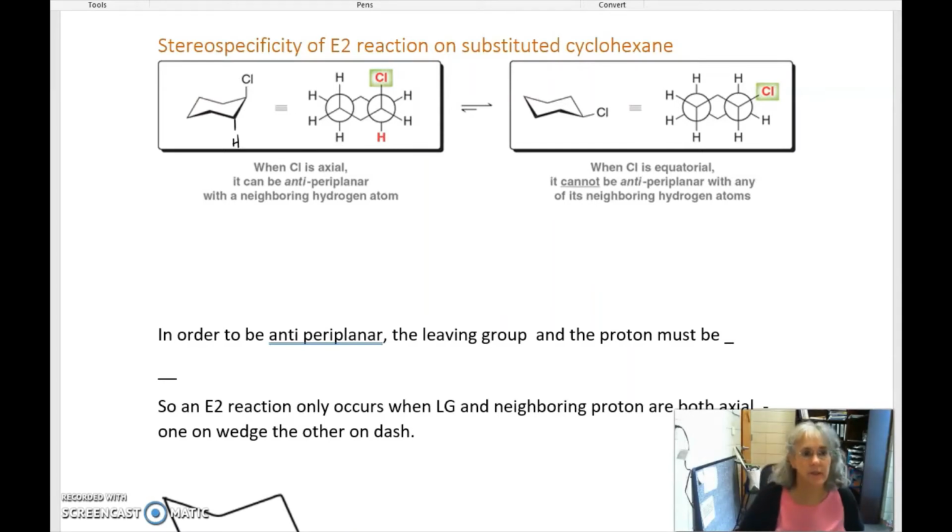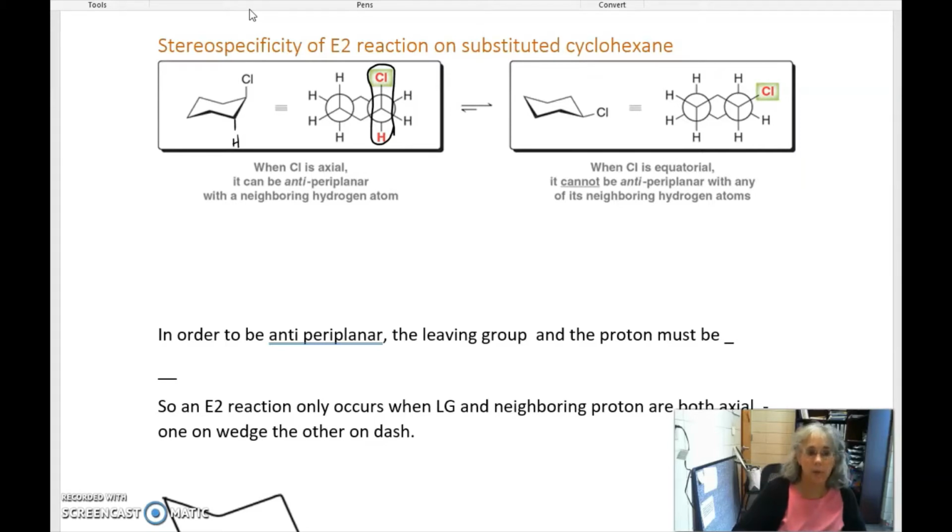So stereospecificity in E2 reactions on substituted cyclohexane. What you need to know about this is that the E2 reaction can only occur when this is the format, when the chlorine and the hydrogen are in this antiperiplanar position. That results from them both being in an axial position.